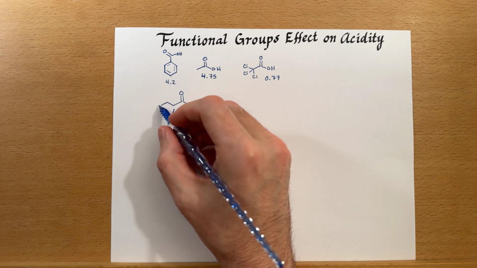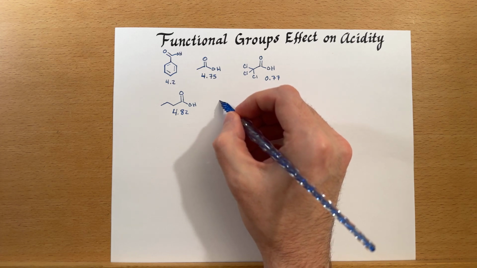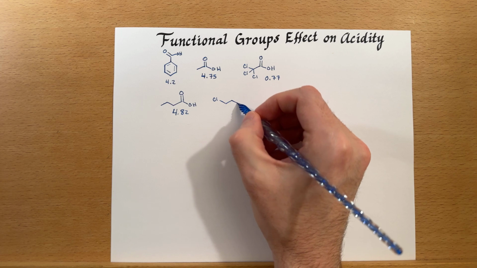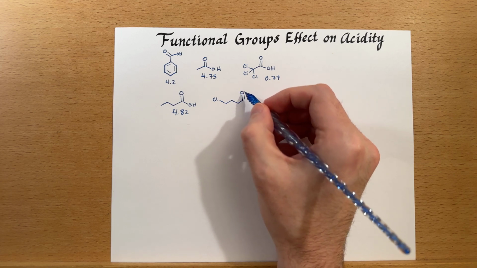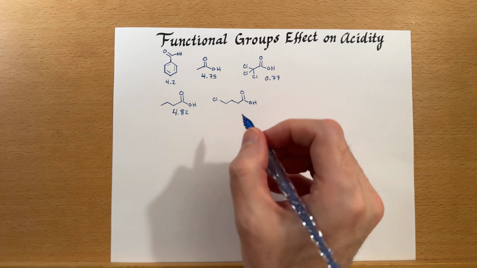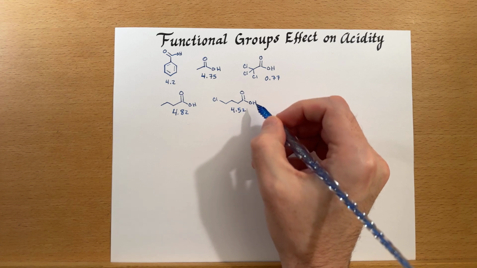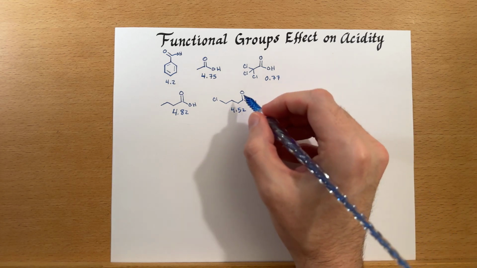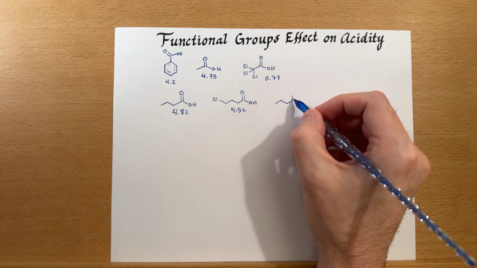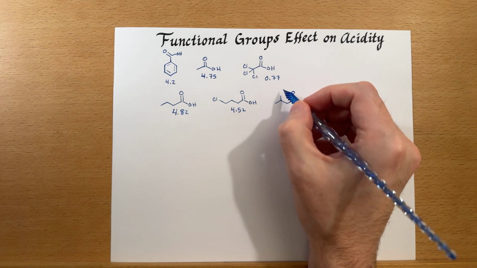So let's try putting a chlorine way out here on the 4th carbon. Well, we've increased the acidity a little bit to 4.52 pKa. Let's move the chlorine a little closer. We'll put it on the 3rd carbon now.